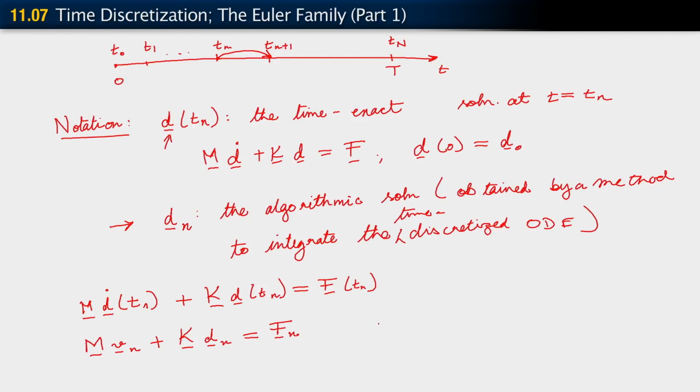This is what we mean by saying that here v at n is a time-discretized approximation of d dot. d n is, of course, just as we've defined above.